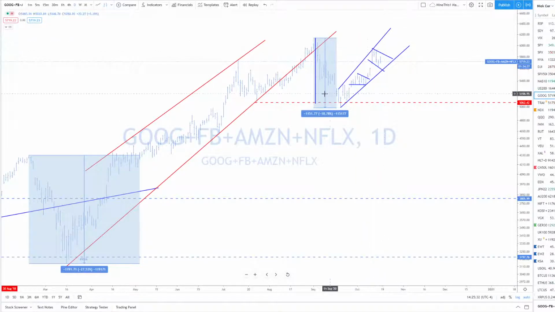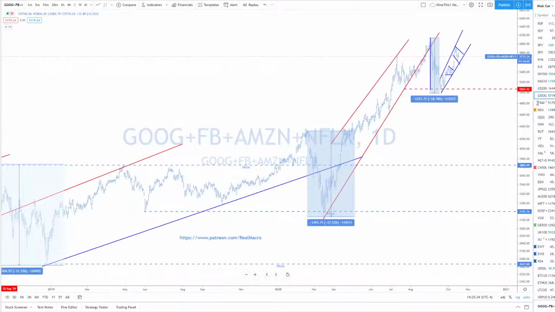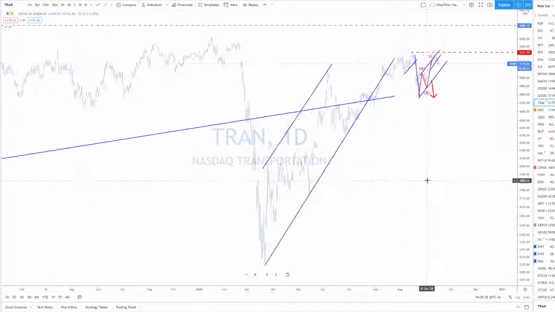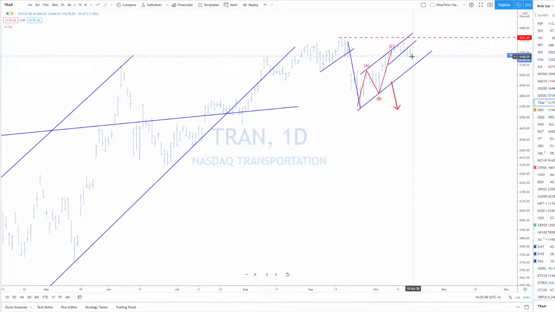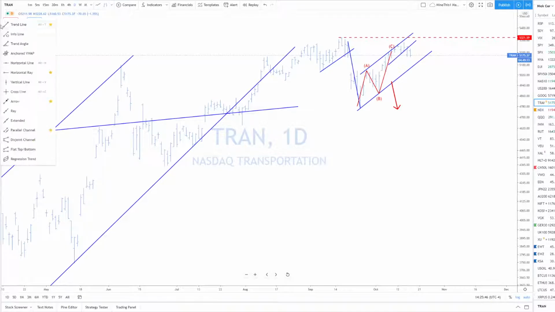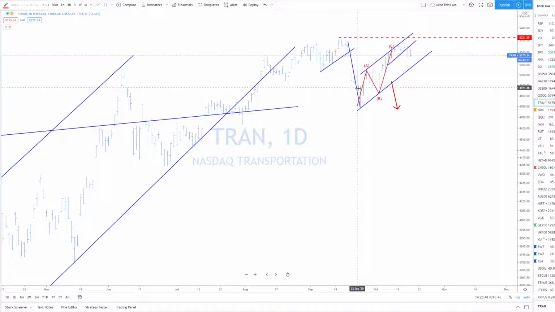So we could get one more up. Transportation coming down. Okay. Broke yesterday, confirmed today. It's a bear flag, right? Obviously. I'll just put it in there. Okay. Let me take this out. It's pointing up. The next move should be down.